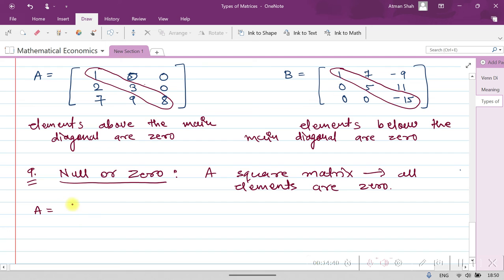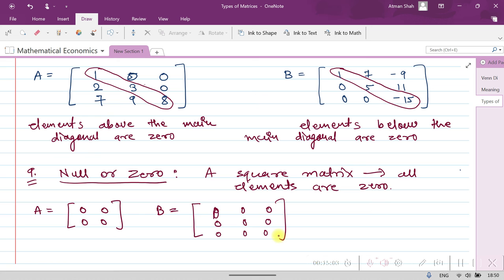So A is equal to, suppose we have 2 cross 2 matrix, 0 0 0 0. We have suppose 3 cross 3 matrix, all zeros. So here A and B are null or zero matrix.